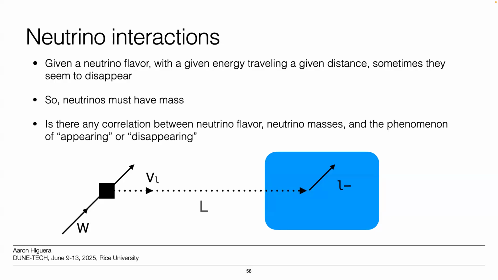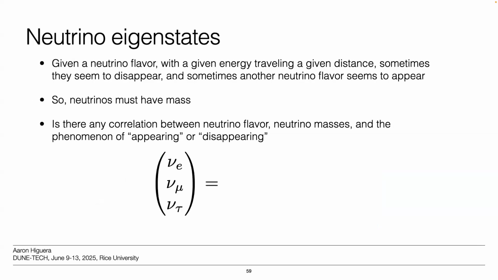And so at this point, what we can see, and again, this is consistent with the data, either solar data or atmospheric neutrinos, is that we know how neutrinos are produced, given a mechanism. They are traveling a distance L, and they are interacting with the detector, but they are doing something, right? And because they are doing something, depending on the distance, we know that they must have mass.